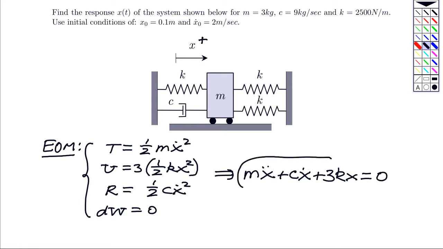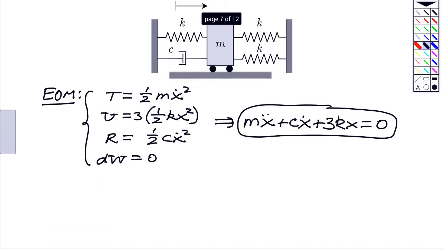That is our equation of motion. What I'm going to do is divide the equation of motion through by the leading coefficient in the equation. So I'm going to divide through by m, whatever is appearing in front of x double dot.